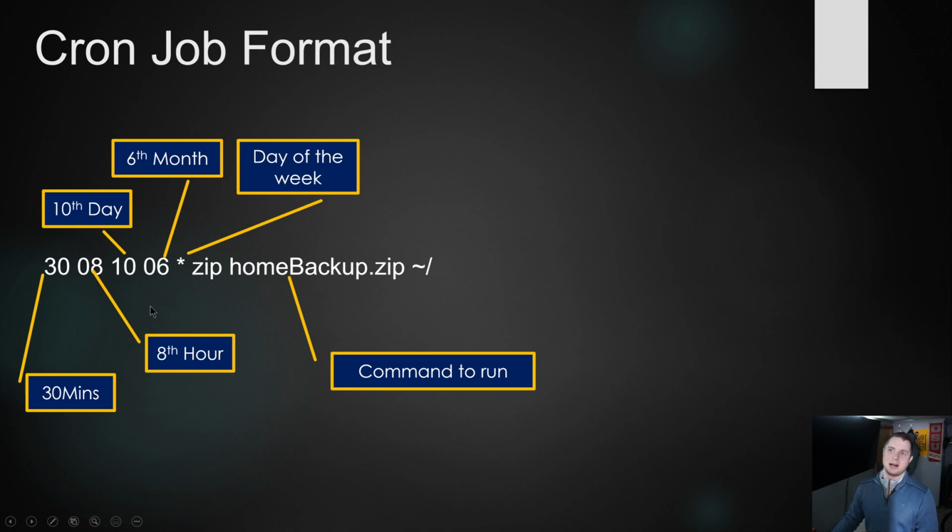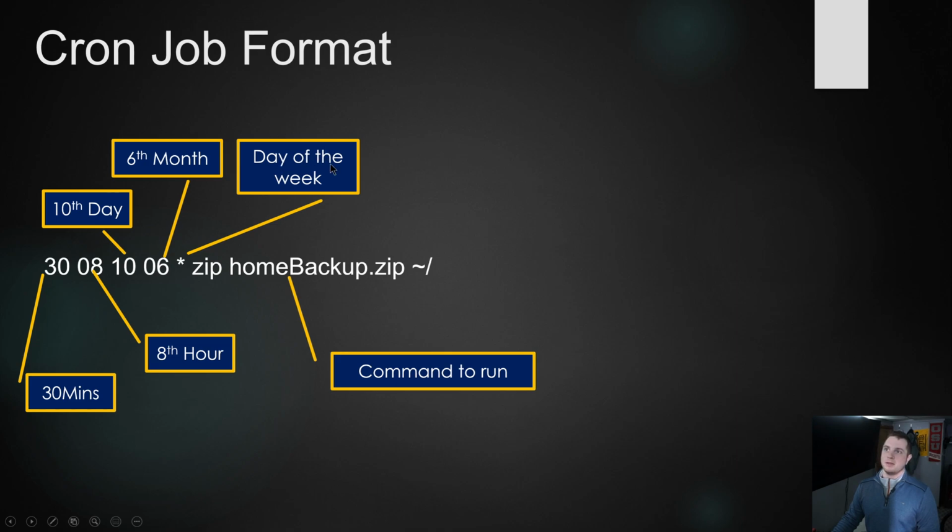On the 8th hour, on the 10th day of the 6th month. So you actually want to read this backwards to get this right. So this is the 6th month, which is June, on the 10th of June, at the 8th hour, so 0800, and then 30 minutes into that 8th hour, so 8:30, so 0830.